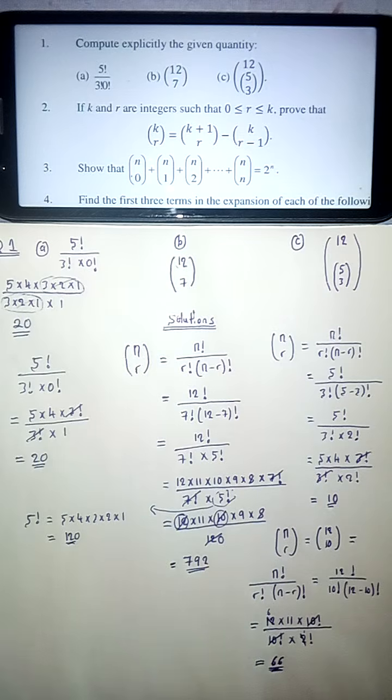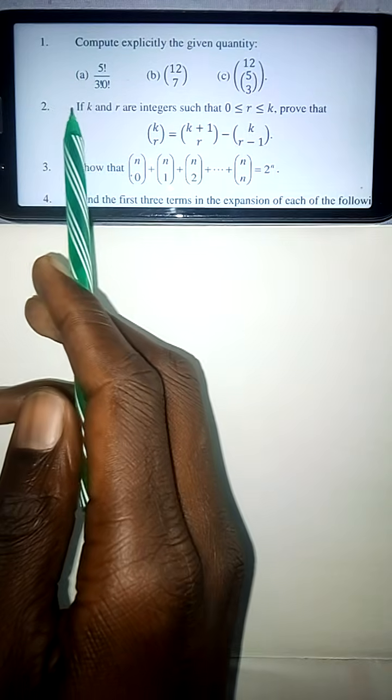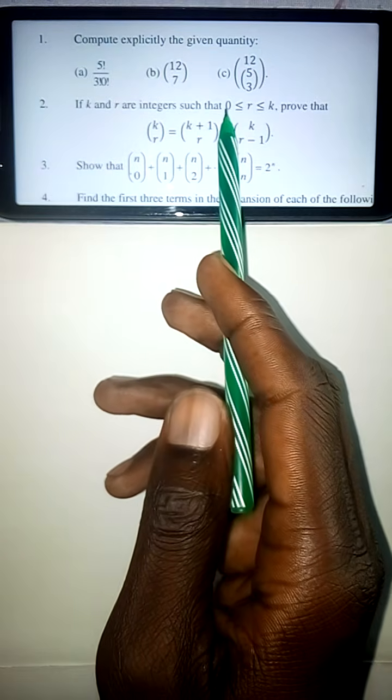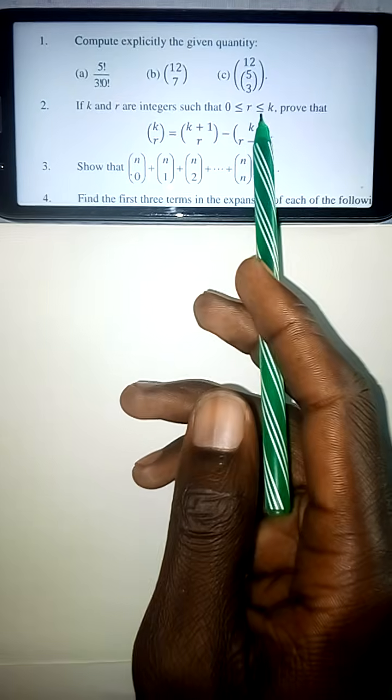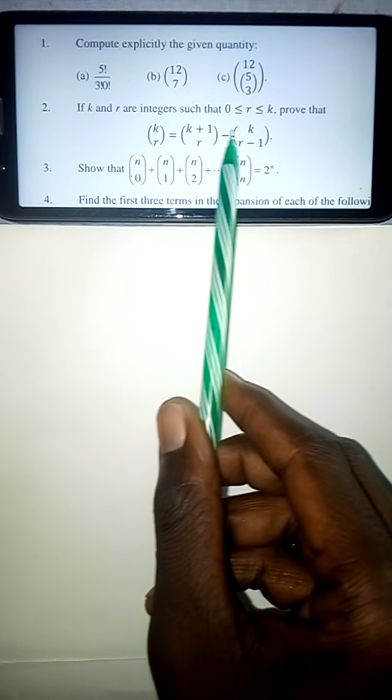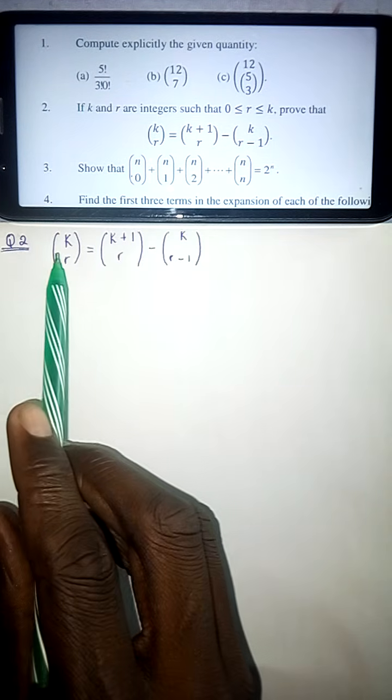So the next question reads, if k and r are integers such that 0 is less than or equal to r, which is less than or equal to k, prove that this combination is equal to this part. So let's prove that this combination is equal to this part.